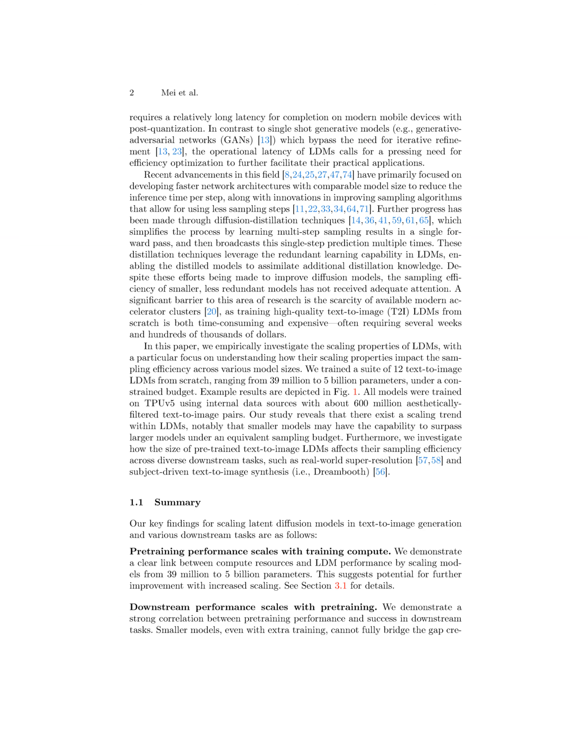This process allows for distilling the knowledge acquired from multiple sampling steps into a single-step prediction, reducing the need for iterative refinement during sampling. By leveraging the redundant learning capability in LDMs, the distilled models can assimilate additional distillation knowledge, enhancing their efficiency in generating high-quality outputs.